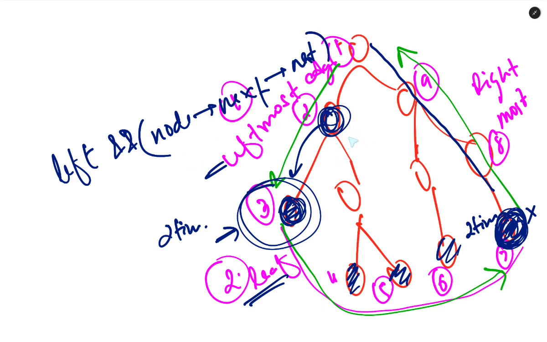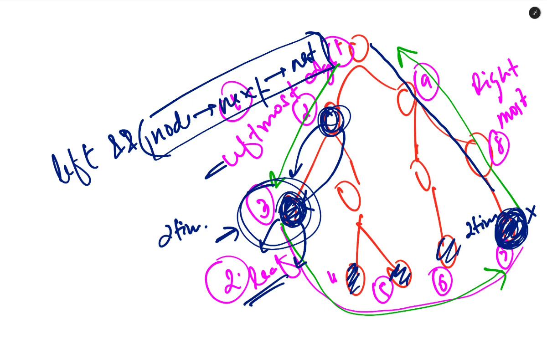This was my node. This node's next is this node, and this node's left and right both are null. So after this node, I don't travel. After this node, I don't travel.